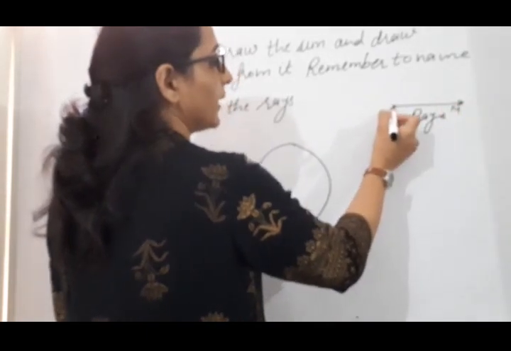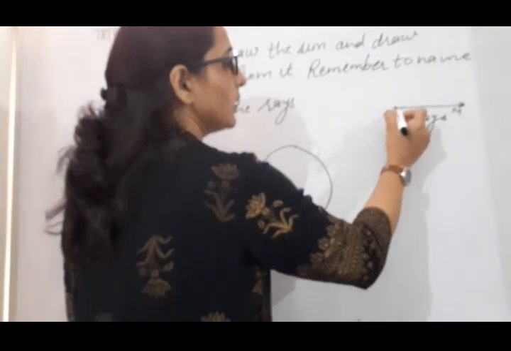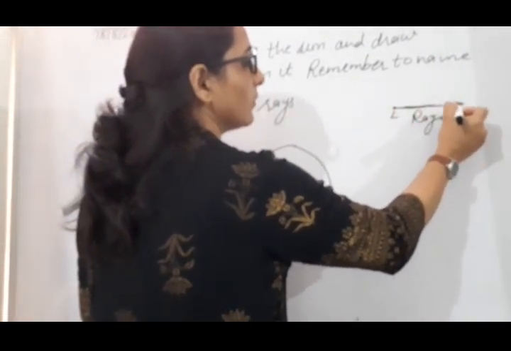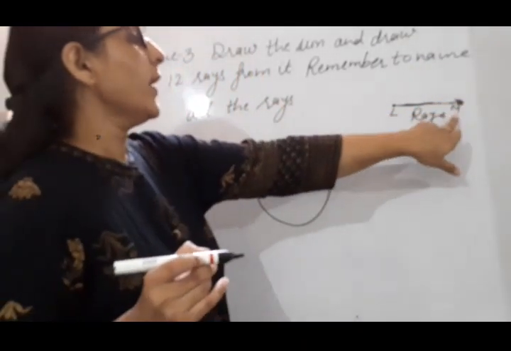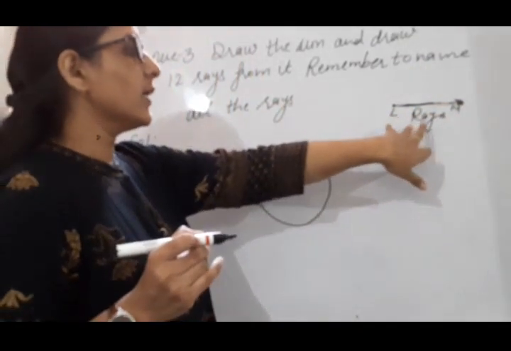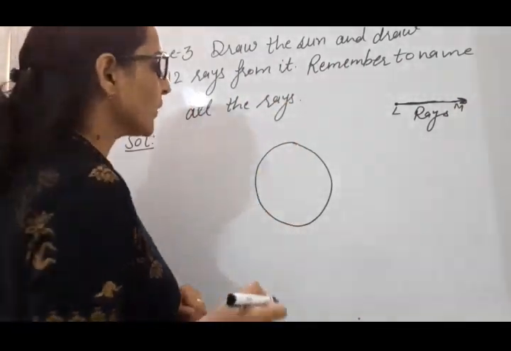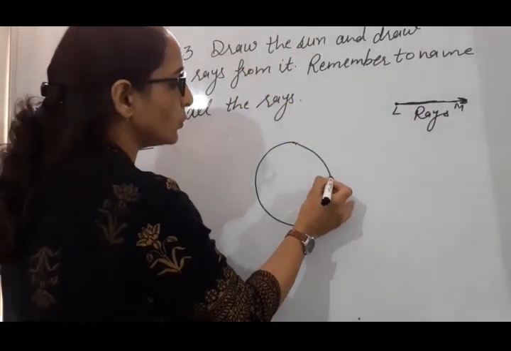So here L is the starting point. You can say that that is the initial point. It is moving in this side. Endlessly you can say that it is moving to M side here. That is the ray. It has only one end point. Clear? So draw the sun and draw 12 rays. You know na?